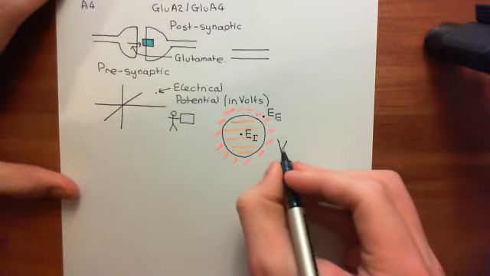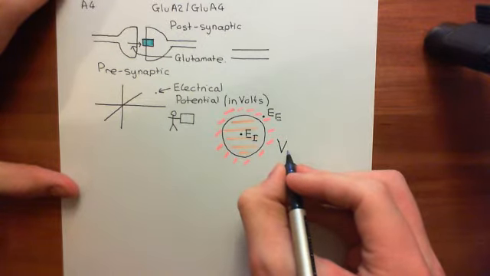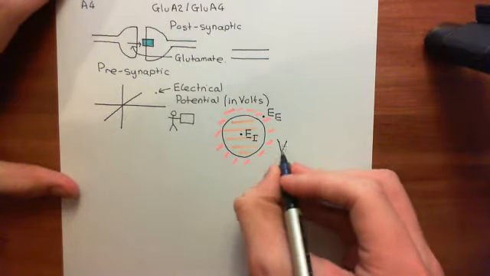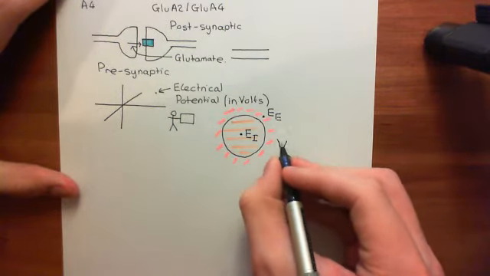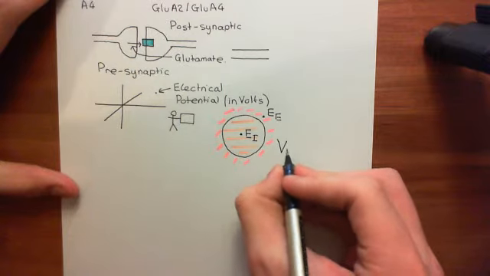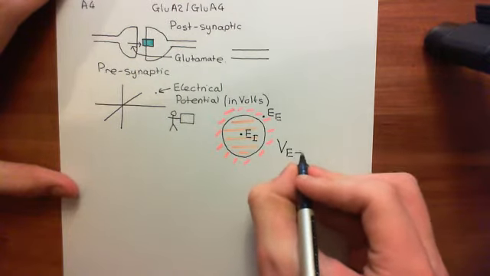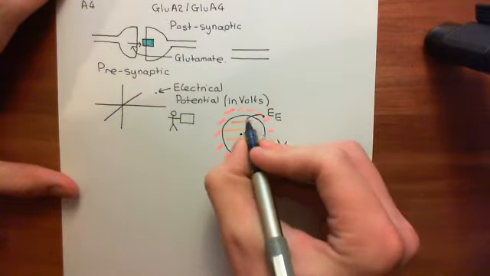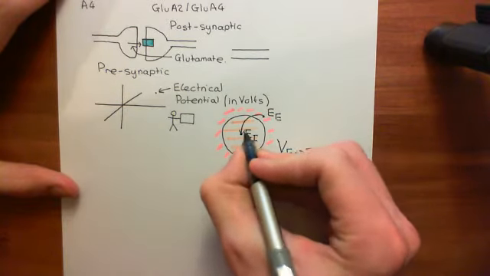Electrical potential difference is also called voltage, and strictly speaking, when people talk about the electrical potential difference or the voltage across the cell membrane, what they should say is the electrical potential difference or the voltage from extracellular to intracellular. So strictly people should give a direction in which they're going.